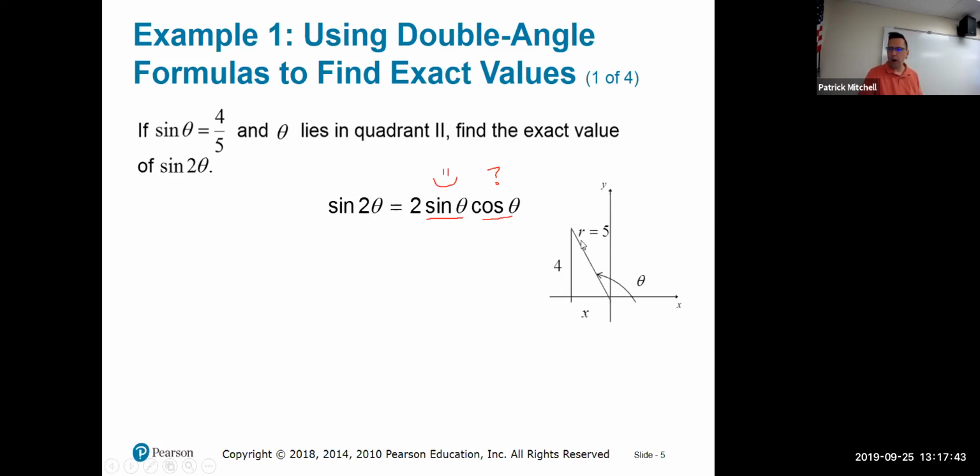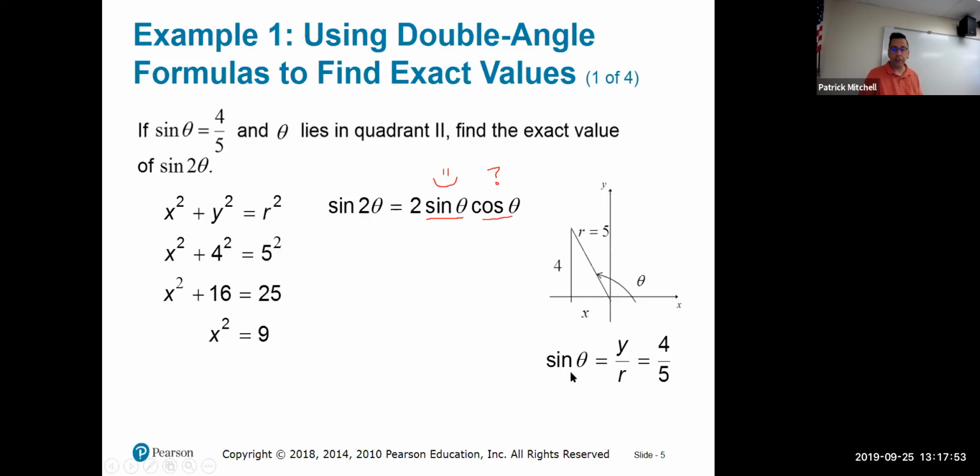Y is 4, R is 5. So we're going to solve for x using the Pythagorean theorem. It turns out that x squared is 9, which, just like in the last problem, means x is -3 because this angle is in quadrant 2, right?